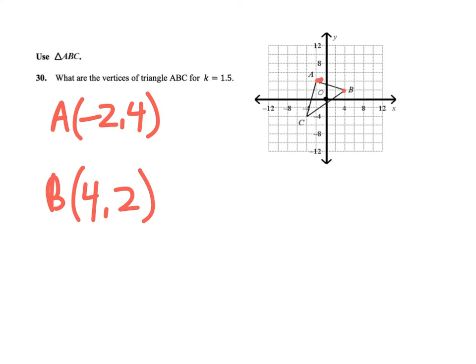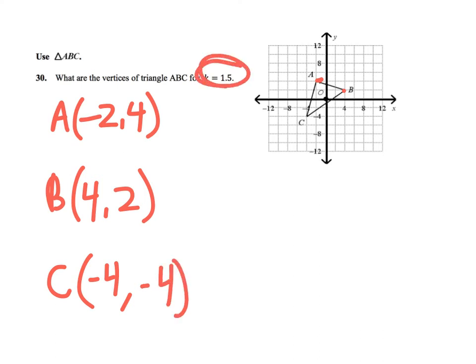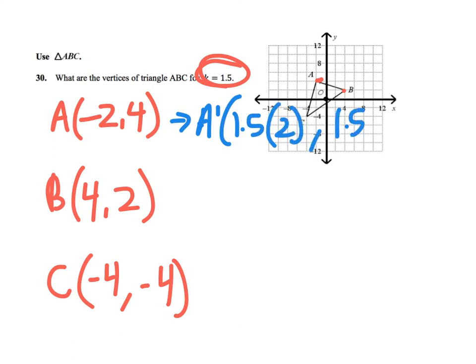And my original C value is over -4, down -4. Now remember, when we're using k, we are going to multiply each of our coordinates by that number. So if I want to find my new A value, A prime, we are going to do 1.5 times -2 and 1.5 times 4.